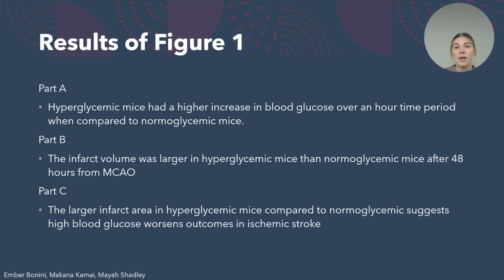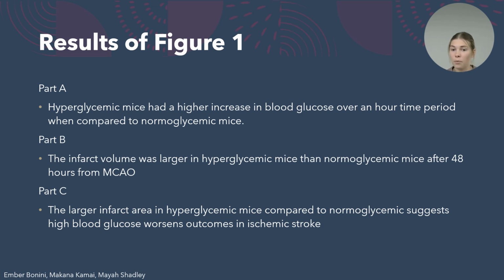Then at the 15-minute time period where they took that result, it did drop in numbers, which it should have, because that's showing that the body and the inflammatory process is doing its job in activation there. But no matter what, the hyperglycemic mice did have a dramatic increase when compared to the normal glycemic mice.